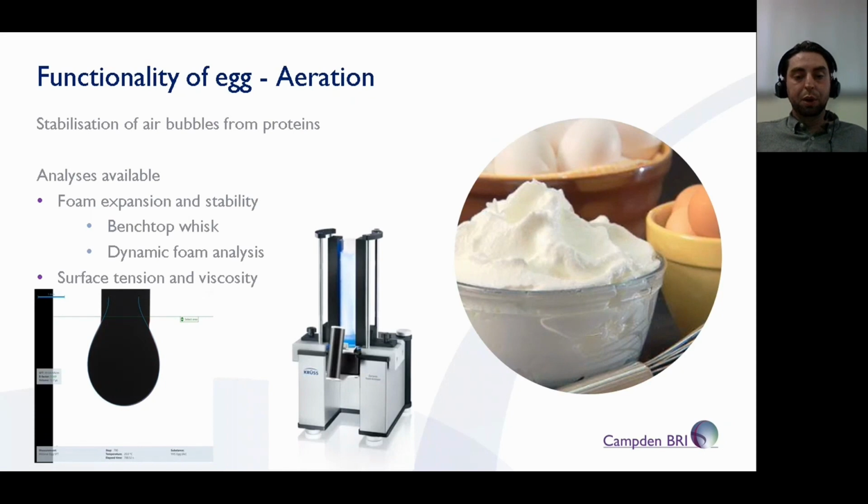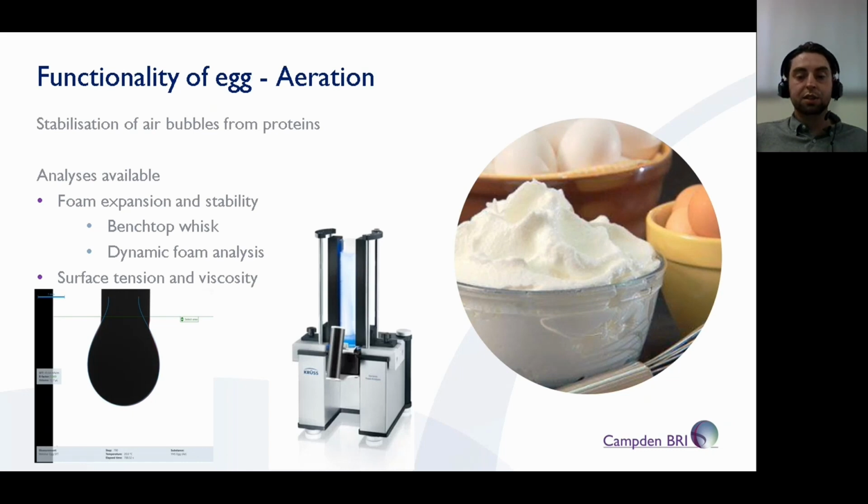So I'm going to go into a little bit about different types of functionality for egg. Egg, as most people know, is a very good foaming agent. That is whole egg as well as egg white. Everyone knows egg whites are good foaming agents, but whole egg can make a very stable foam as well.